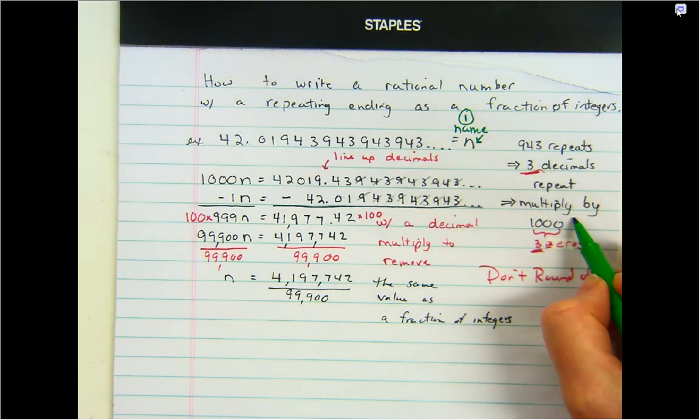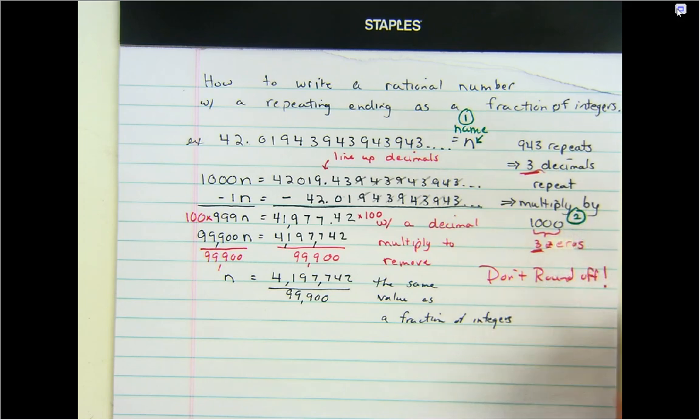And then we multiply by 1,000 or however many zeros we need there. We might multiply by 100 if only 2 digits are repeating. We multiply by 10 if only 1 digit's repeating. We'll see some more examples in a minute.